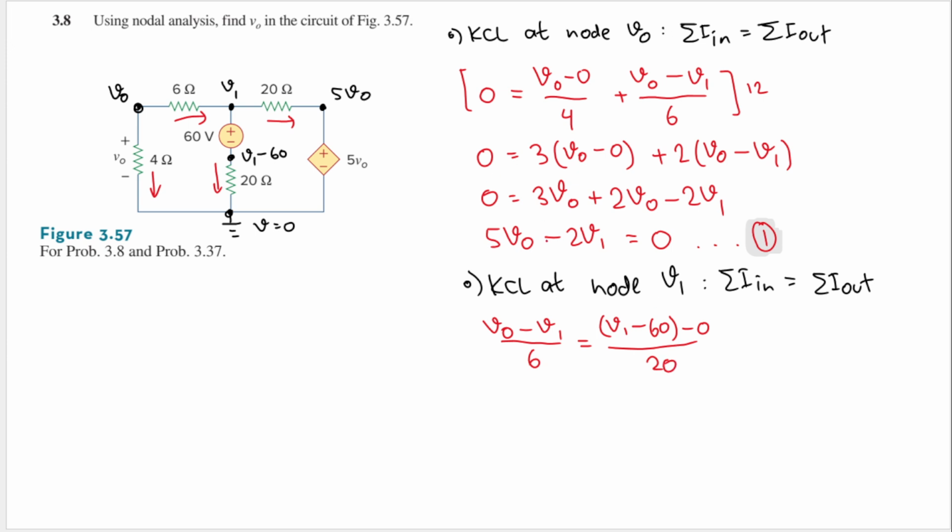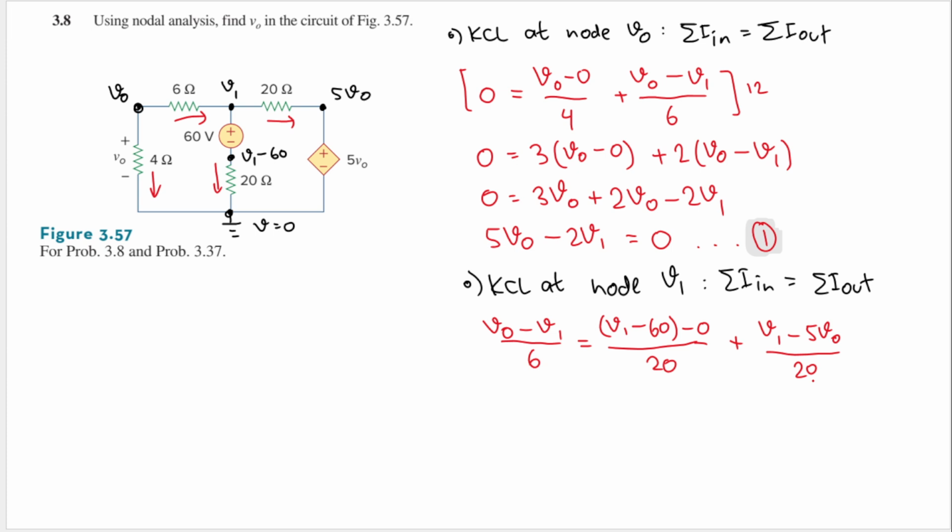And then plus this current here, which is (V1 minus 5V0) divided by the resistance between them, which is 20.